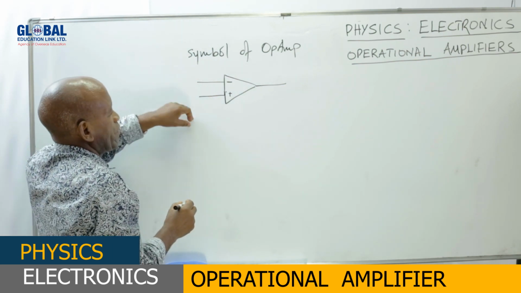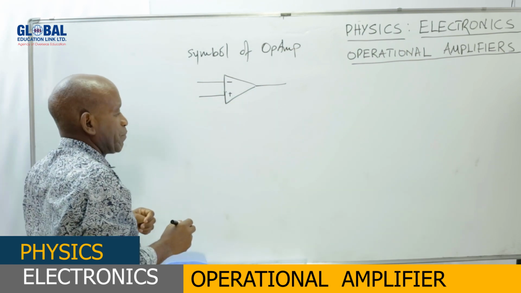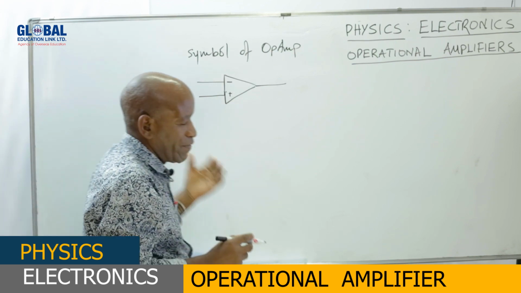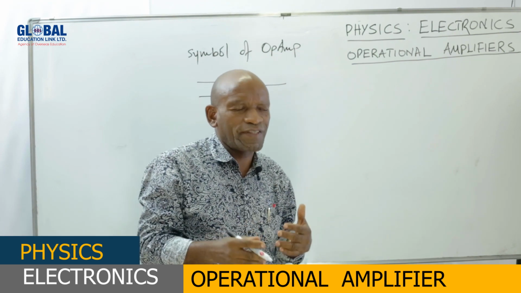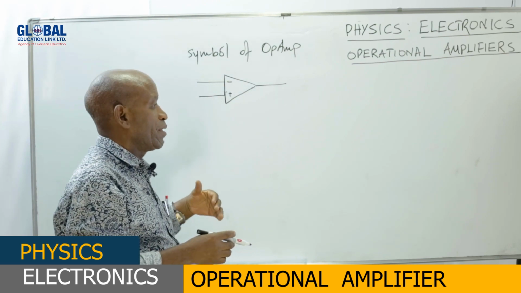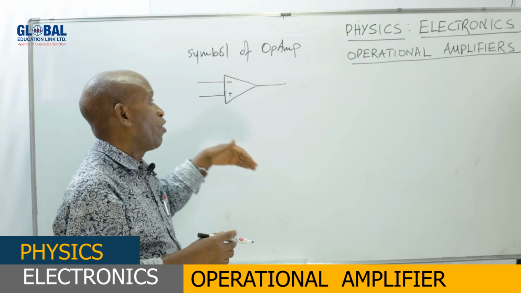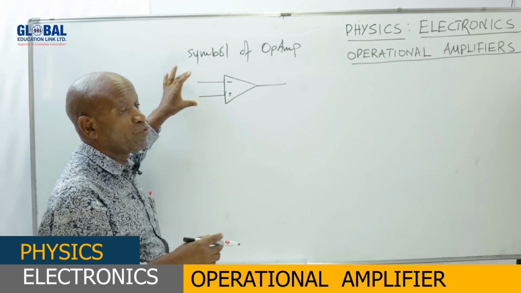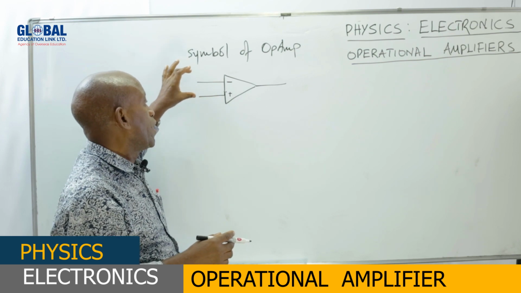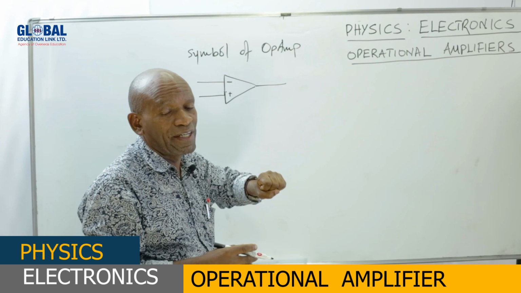We have these two input terminals, and that's the output terminal. The operational amplifier can be connected in a circuit such that it works as an inverting amplifier or a non-inverting amplifier, depending upon where the two inputs are connected in the circuit.